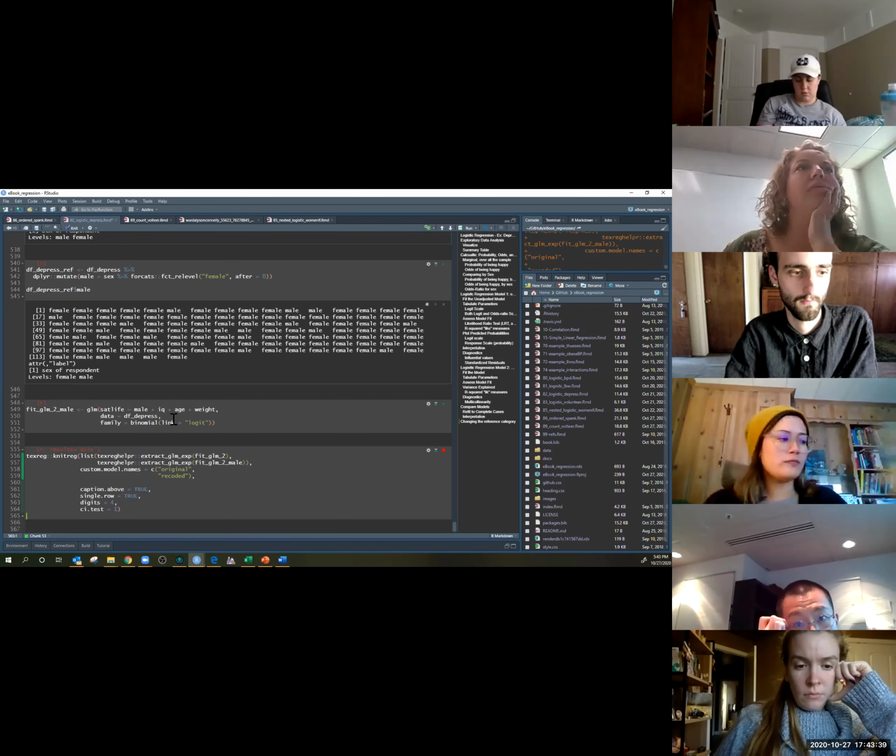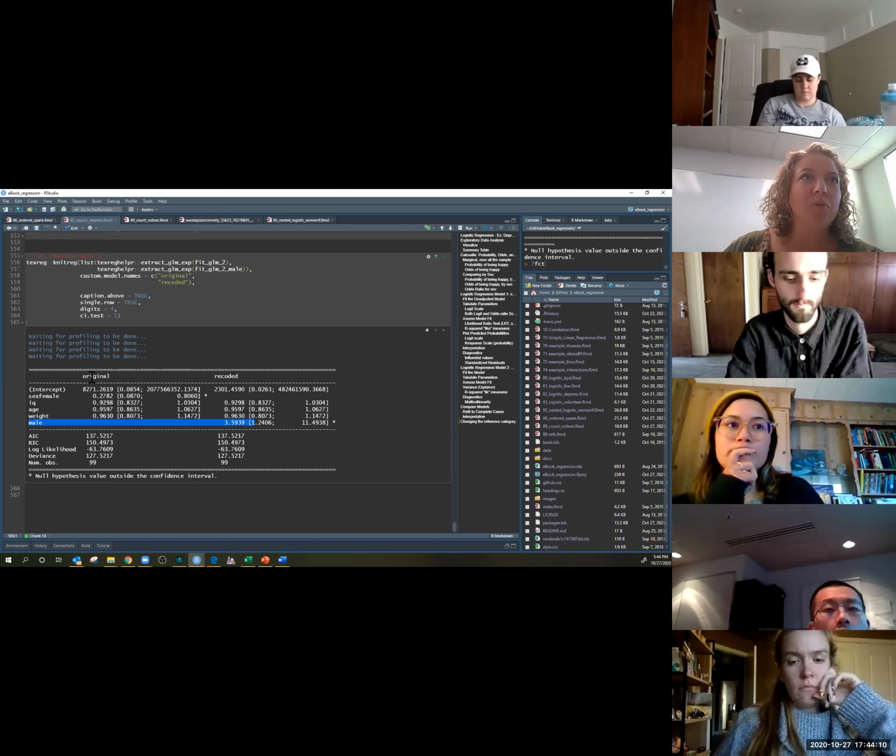The odds ratio for sex was 0.29, but now when I change it to male, instead of being less than 1, it's more than 1. So now we can say males have more than 3.5 times higher odds. Sometimes it's easier to talk about which group has higher odds instead of which one has lower odds.